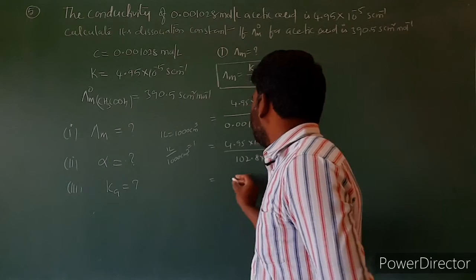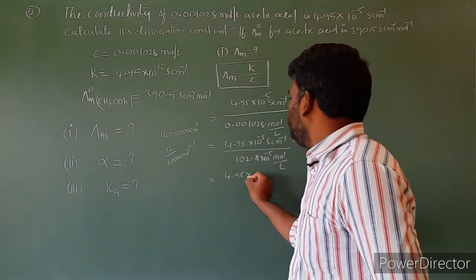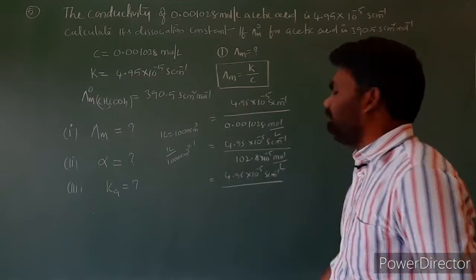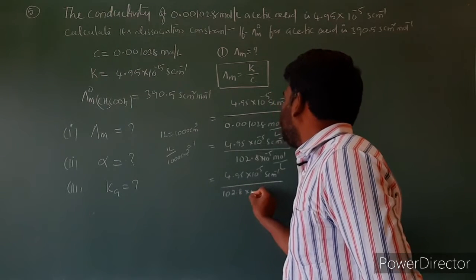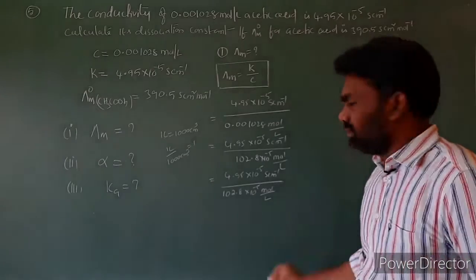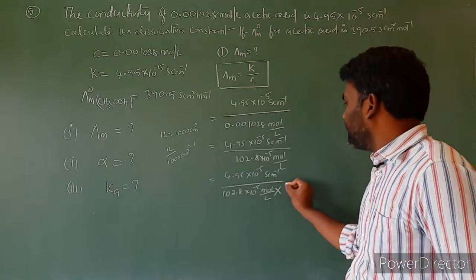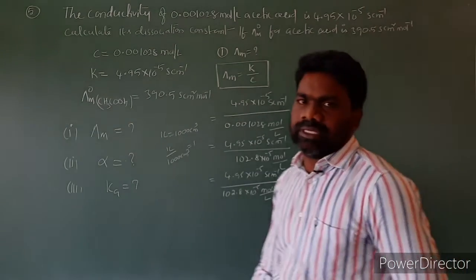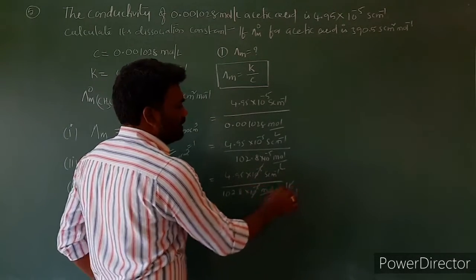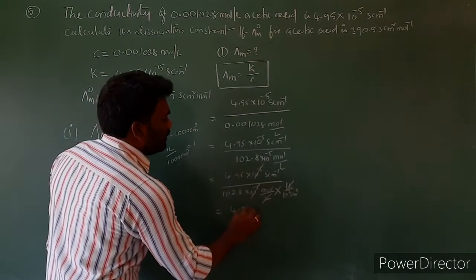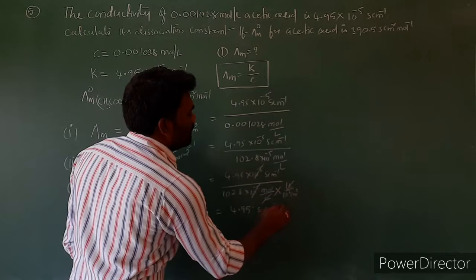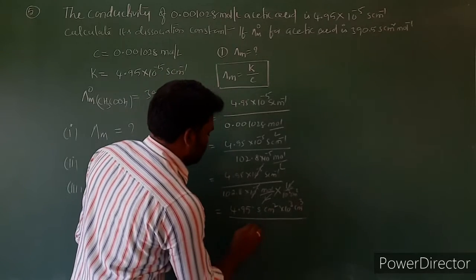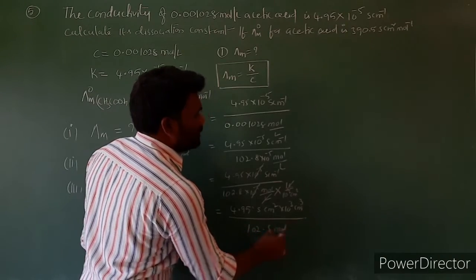So from this, that is equal to 4.95 into 10 power minus 5 Siemens centimeter inverse by 102.8 into 10 power minus 5 mole per liter, into 1 liter by 1000 centimeter cube. The 10 power minus 5 cancels, liter gets cancelled, and we get 4.95 Siemens centimeter square, and the 10 cube centimeter cube goes to the numerator, by 102.8, remaining mole.